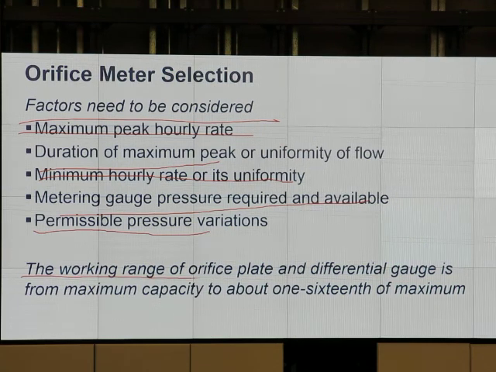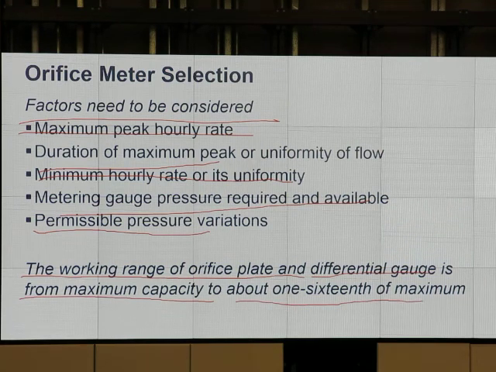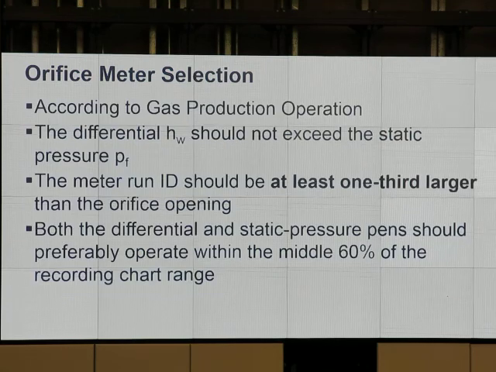The working range of the orifice plate and differential gauge is from maximum capacity down to about 1/16 of maximum. If it is lower than that, we may need to consider a larger hole orifice plate.